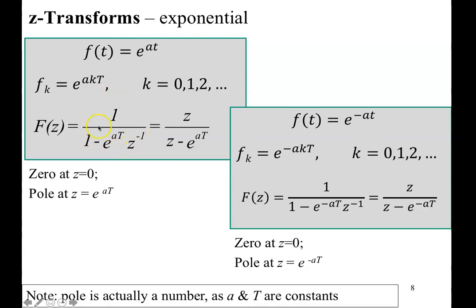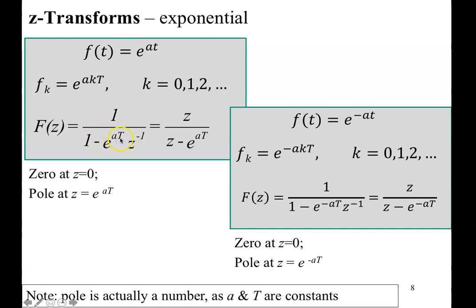The z-transform of that, if I use the negative power, is 1 over 1 minus e to the power of aT. Now, e to the power of aT here is a number, remember. a is a number, T is a number, so e to the power of a times T is also a number. So you can see this as an exponential function, but it's not a function at all, it's a number.